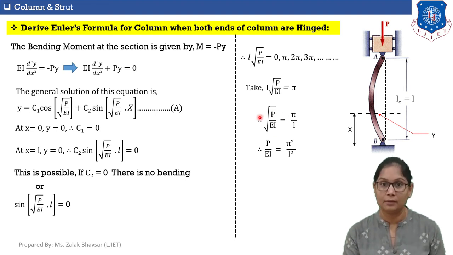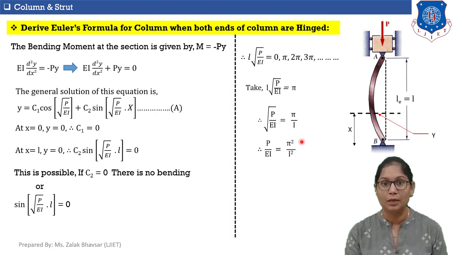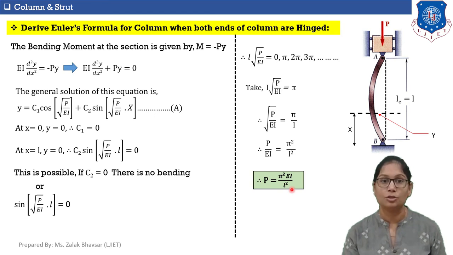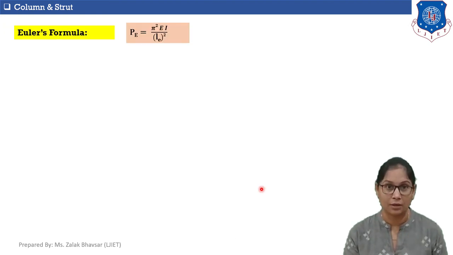So √(P/EI) is equal to pi upon L, so P/EI is equal to pi² upon L². So P is equal to pi² EI upon L², where L is the original length of the column. This is Euler's formula which we can use for a column with both ends hinged.